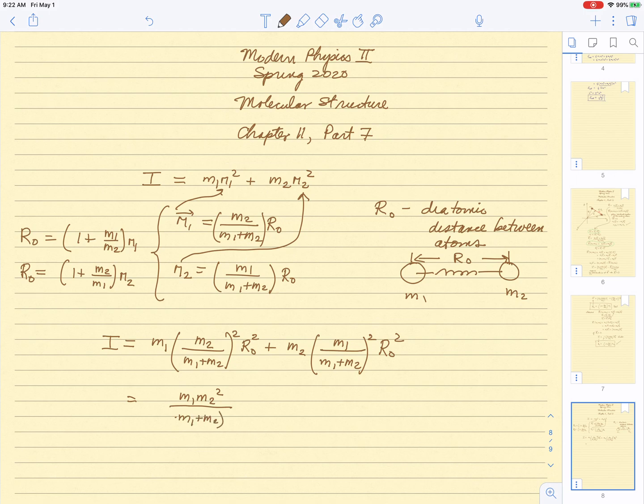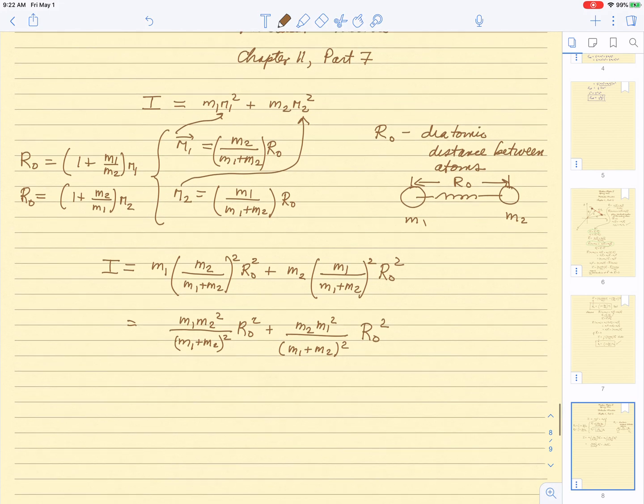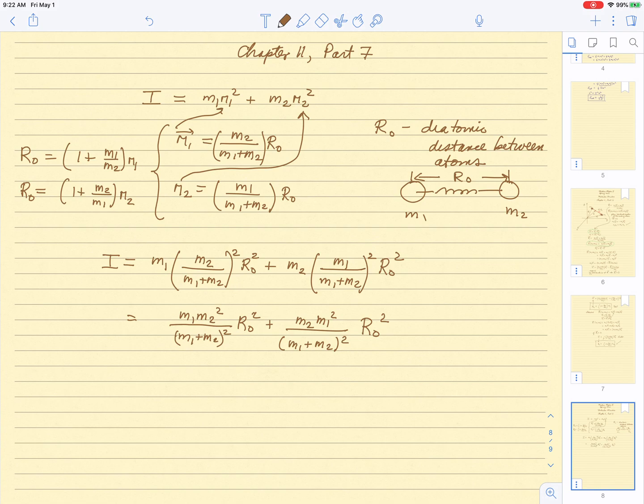I'm going to take out an M2 here, this is going to be an M1 times M2 over M1 plus M2 squared.